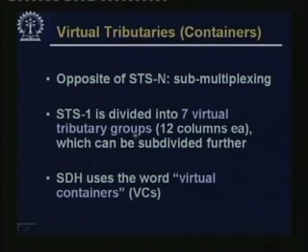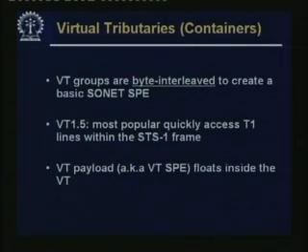So, 7 virtual tributary groups, 12 columns each, which can be subdivided further. So we have got 84 columns out of the 87 you have in STS-1. VT groups are byte interleaved to create a basic SONET SPE.